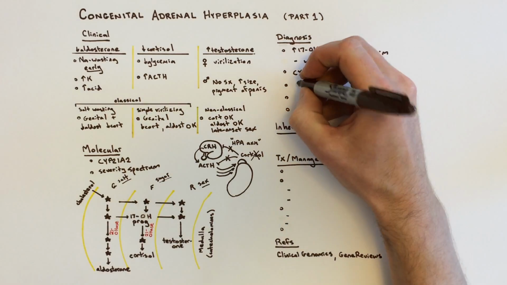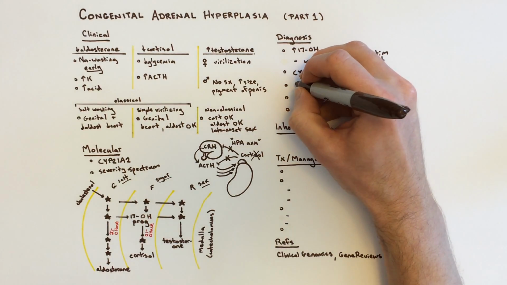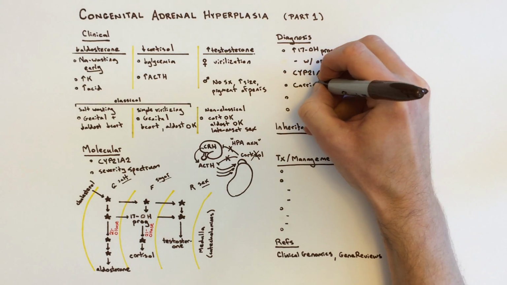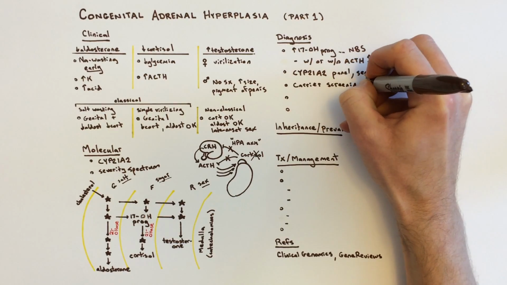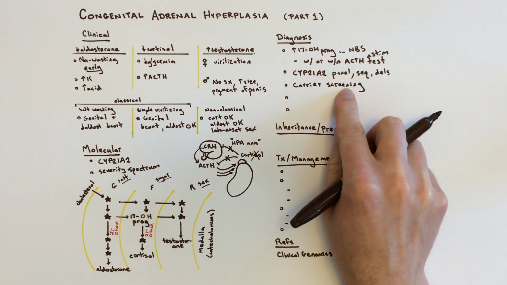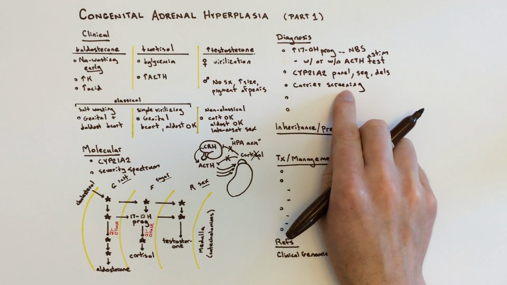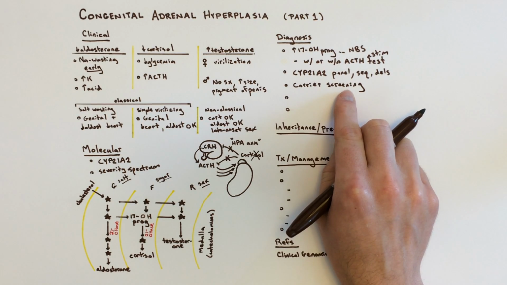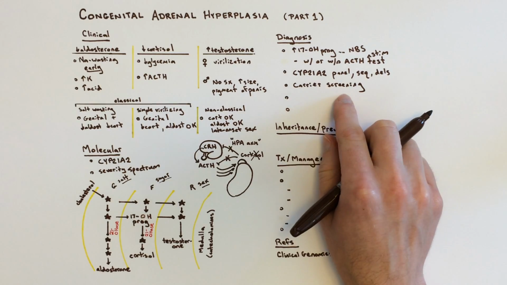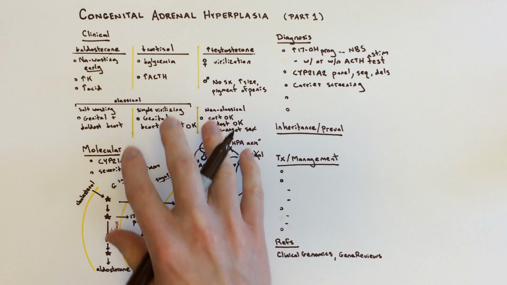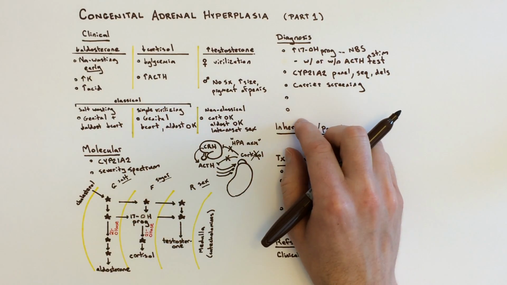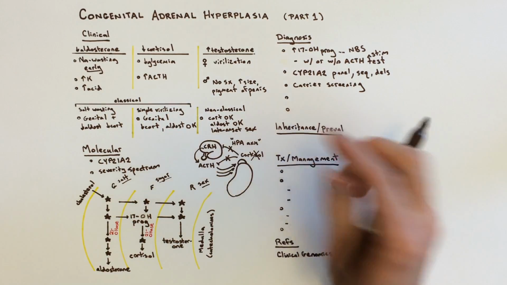Next way you could make the diagnosis, or I guess more specifically, anticipate a diagnosis, is that congenital adrenal hyperplasia is present on some of the preconception carrier screening tests. So if both mom and dad knew that they were carriers and had a child with a clinical picture that sort of looked like this, the odds go up that it is in fact congenital adrenal hyperplasia.